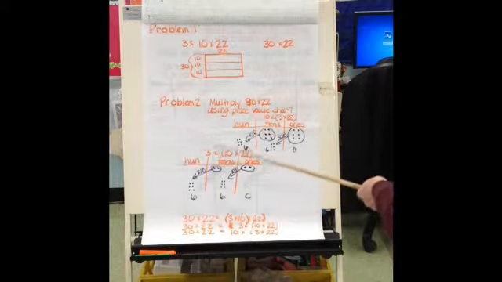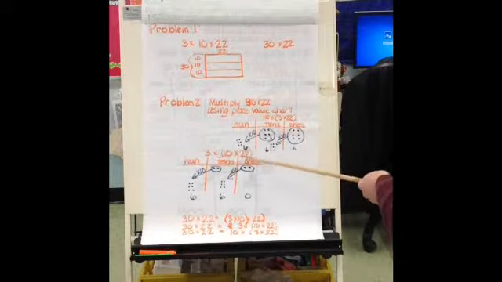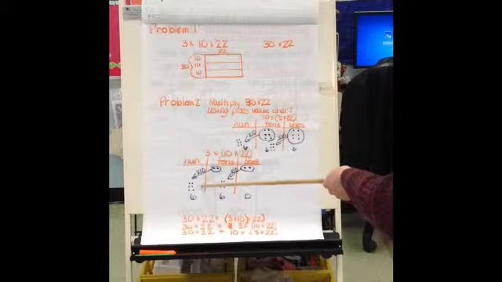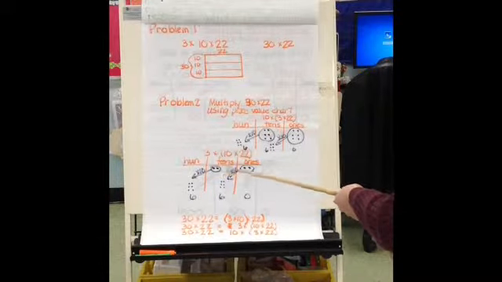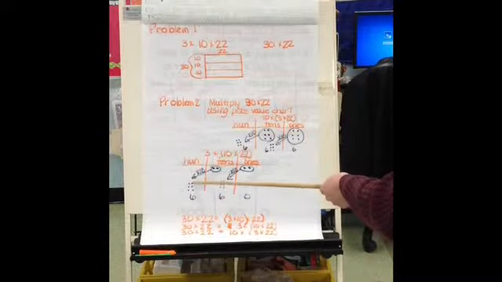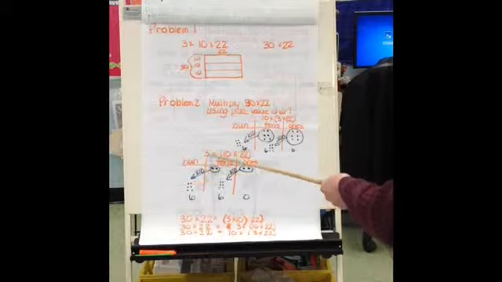Let's try it a different way. 3 times 10 times 22. So here I have my 22. I'm going to multiply them each by 10. So they each move over to the left. So now I have 2 hundreds, 2 10s, and 0 1s. But now I have to take each one and I'm multiplying it by 3.